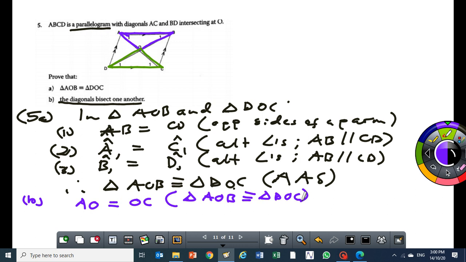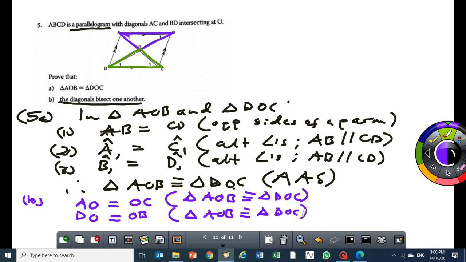Now, AO is equal to OC. Also, DO is equal to OB. So I'll say here, DO is equal to OB. My reason again is based on proving that those two triangles are congruent.